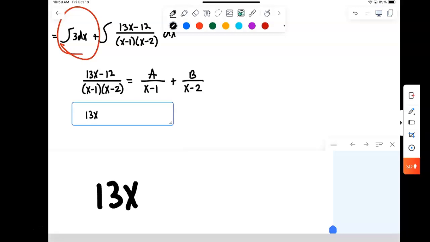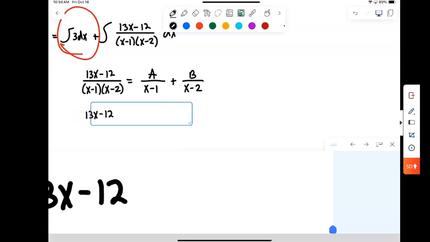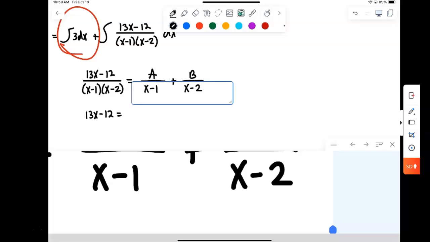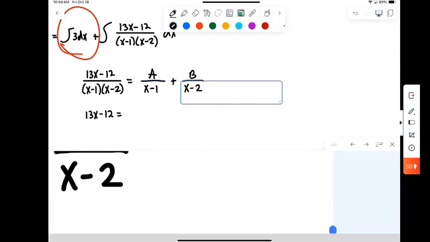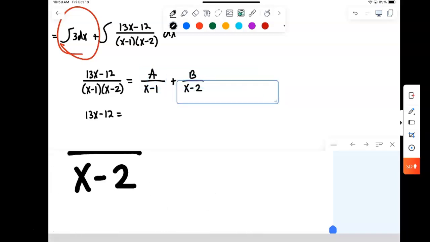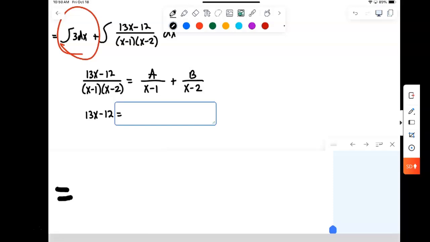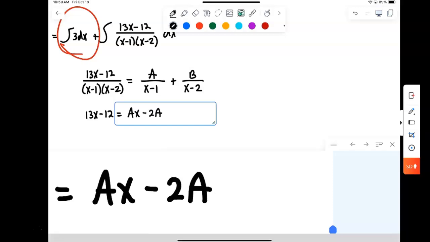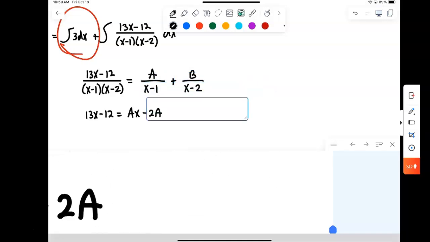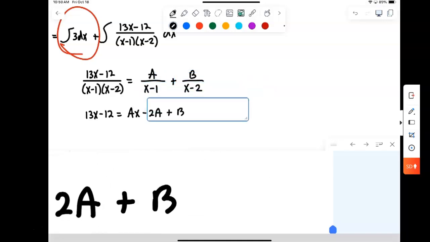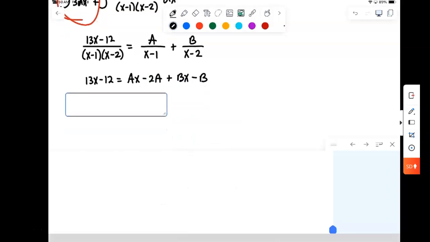That'll be 13x minus 12 equals, x minus 1 will go away, so that's going to be A times x minus 2. So that'll be Ax minus 2A. And then B times x minus 1, Bx minus B. And then we equate our coefficients.